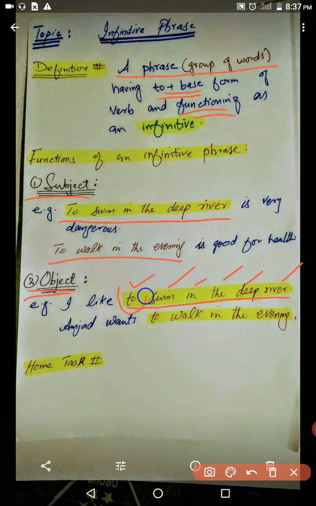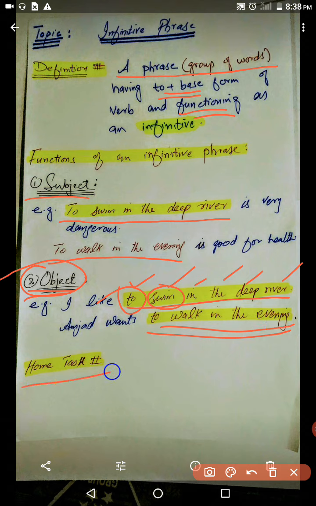So look, to plus swim, base form of the verb. And it will be functioning as an infinitive. We discussed that earlier, that an infinitive can function as an object. So here it is functioning, I like to swim in the deep river, as an object. So that is why it is an infinitive phrase. Similarly, Amjad wants what? To walk in the evening. Look, again this is an infinitive phrase.